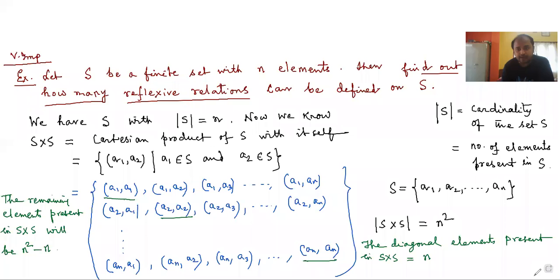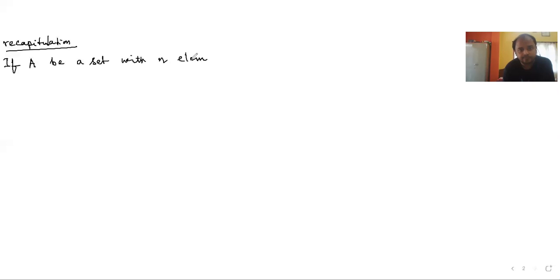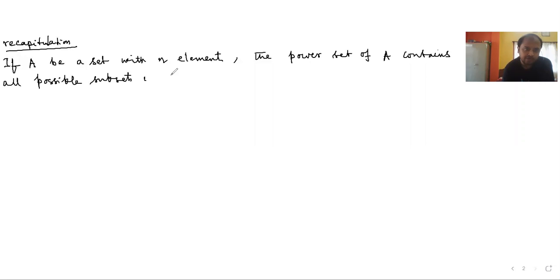Now the interesting part is one particular thing you have to recall from your earlier knowledge, a recapitulation: if capital A is a set with n elements, the power set of A contains all possible subsets of capital A, and in the power set, 2 to the power n elements will be present.